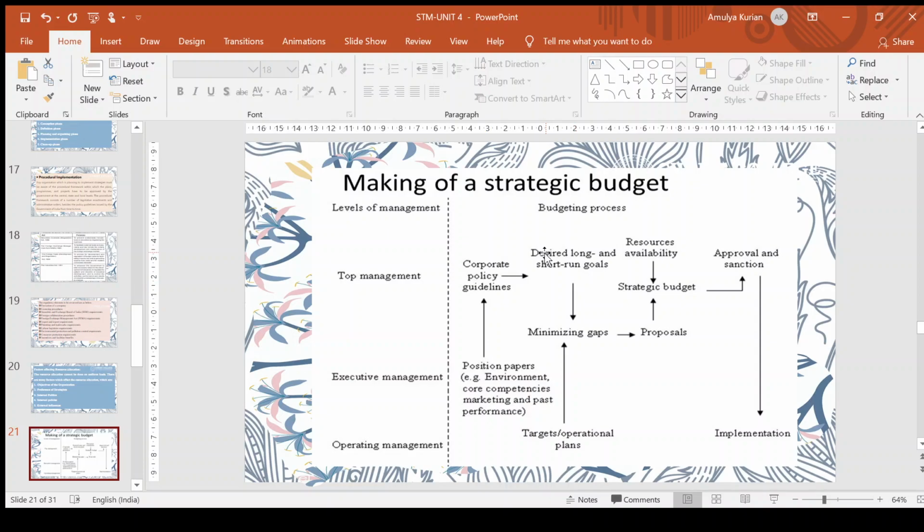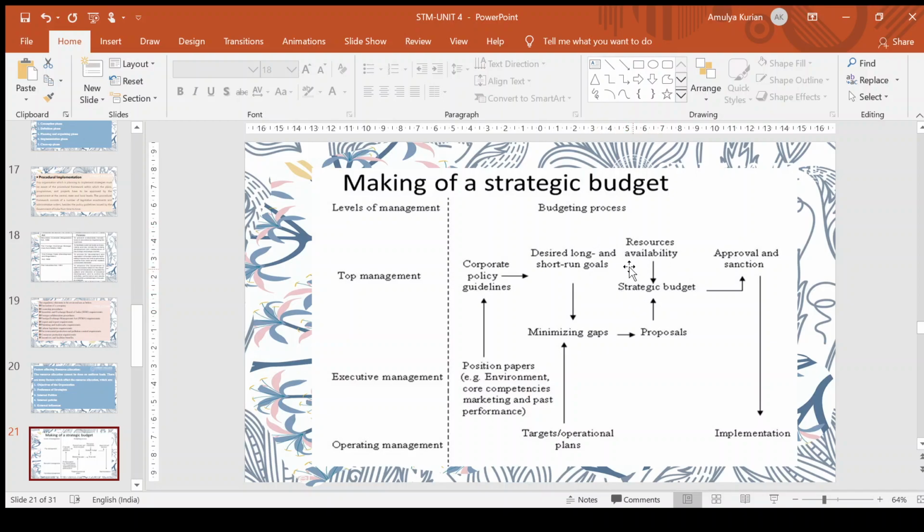And it can be for desired long run as well as short run. Once that is done, the resource availability will be checked, and if the desired long and short run goals are far apart, we will be trying to minimize the gaps using operational plans. Proposals will be sent. Based on that, the strategic budget will be allocated.